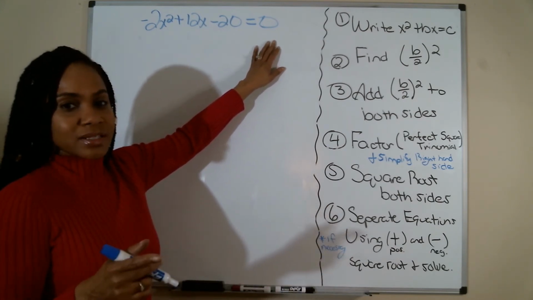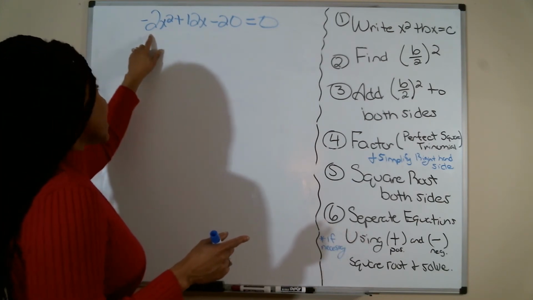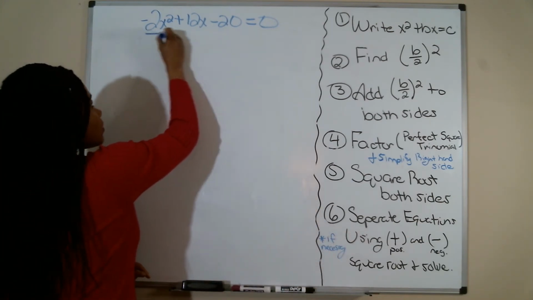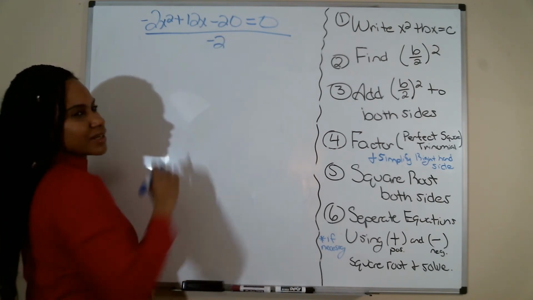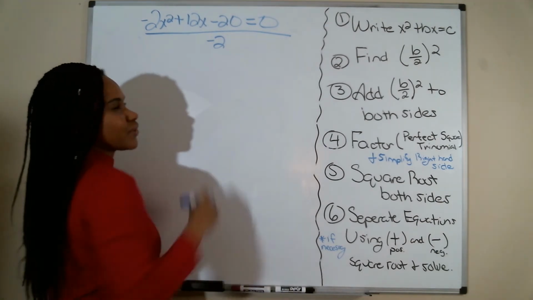Including what's on the right hand side of your equal sign. So since my a is -2, I'm going to divide everything by -2. I'm just going to put one -2 in a huge fraction bar.